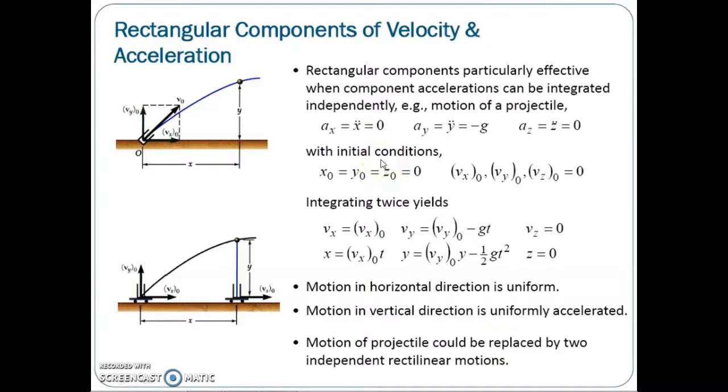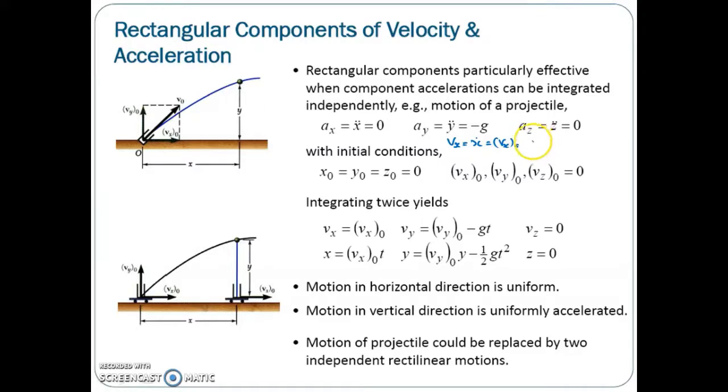Denoting that x naught, y naught, and z naught are the coordinates of the gun, and Vx naught, Vy naught, and Vz naught are the initial velocities of these projectiles or bullets. If we integrate once, we have our Vx. Let me write in here. Our Vx will be equal to Vx naught.